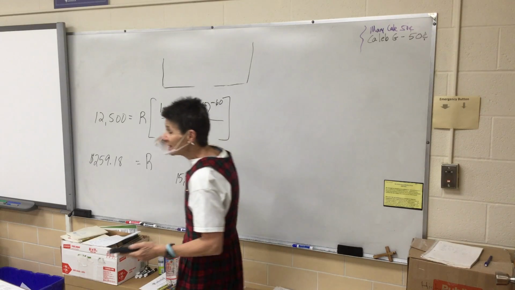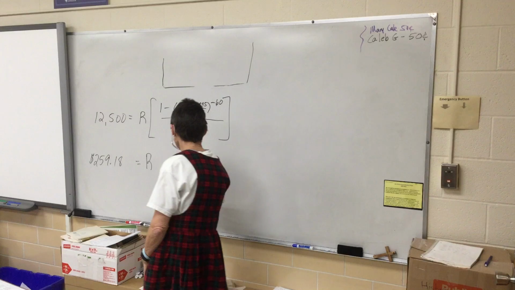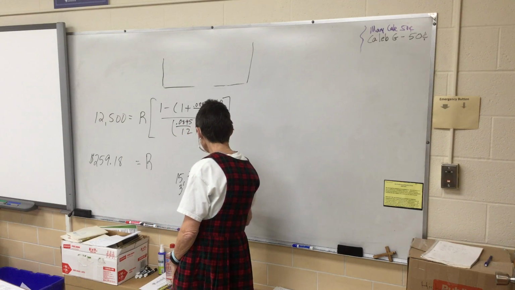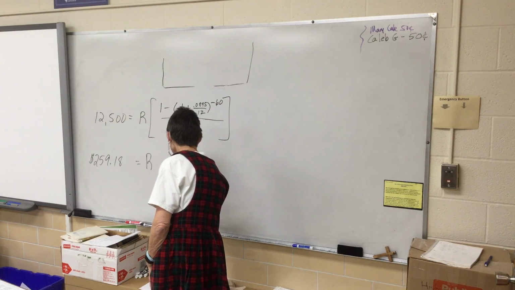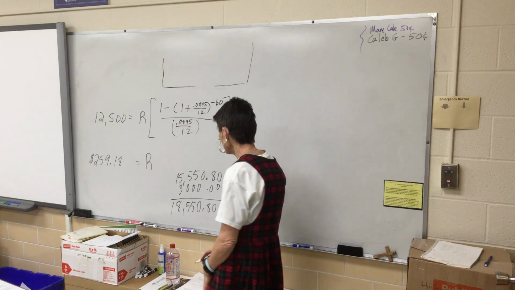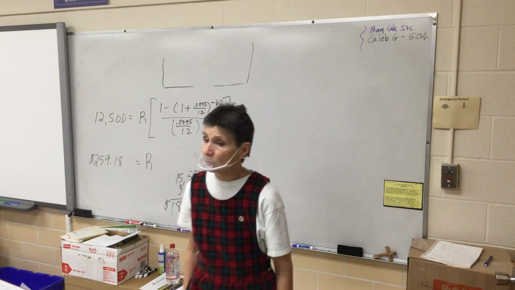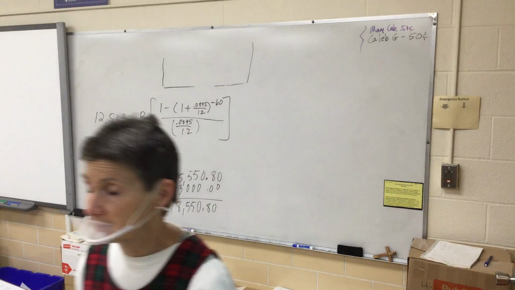But I already initially paid $3,000 in my down payment. So the total this car is gonna cost me, or has cost me, is $18,000. Because I already paid $3,000 right from the beginning.